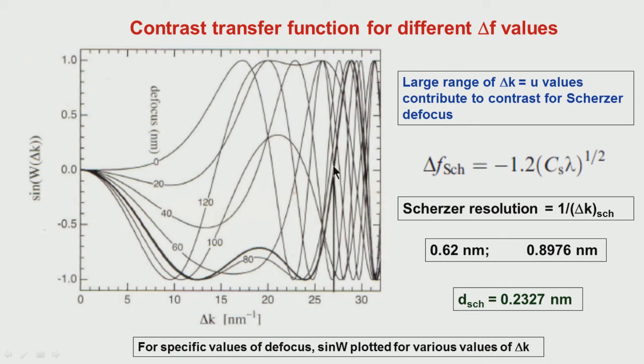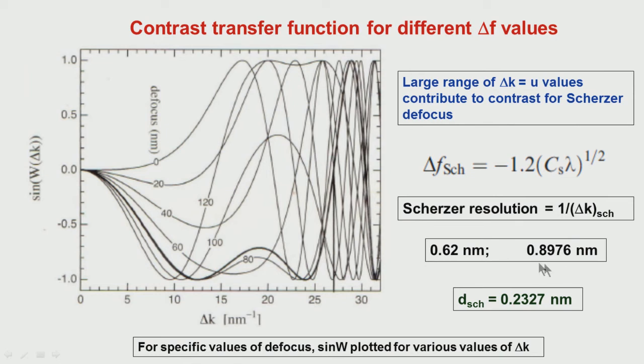And for what we call the Scherzer defocus, this corresponds to a value of Cs lambda to the power of half. Then for this value of Scherzer defocus, what is going to happen is that for a long range, a high range of values of delta k, the value of sine w becomes the same and coherently adds to the contrast.